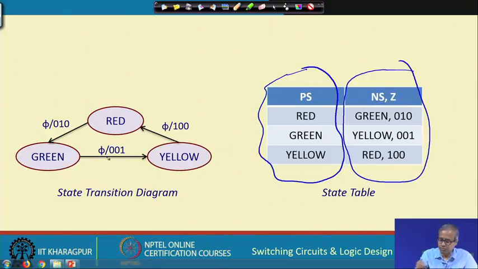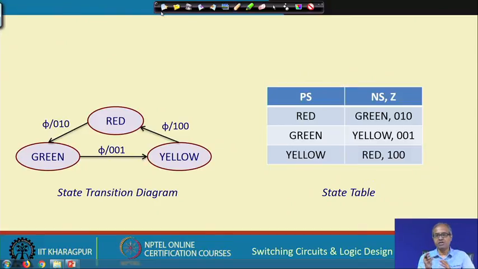Because there are no inputs, there is a single column in the second part. If the present state is red, then the next state will be green and the output will be 0 1 0. Now, if the present state is green, the next state will be yellow, output 0 0 1. If it is yellow, the next state is red, output is 1 0 0. So, exactly what this state transition diagram is specifying, right.